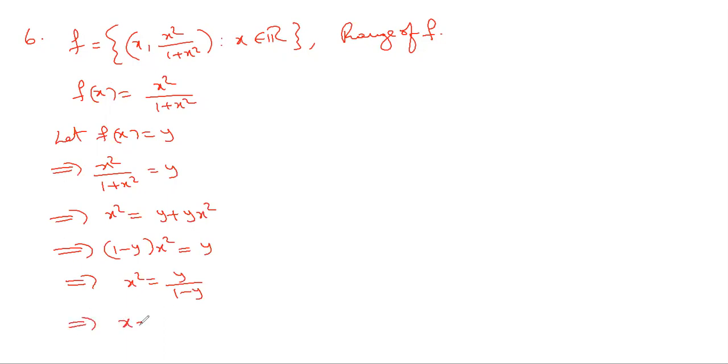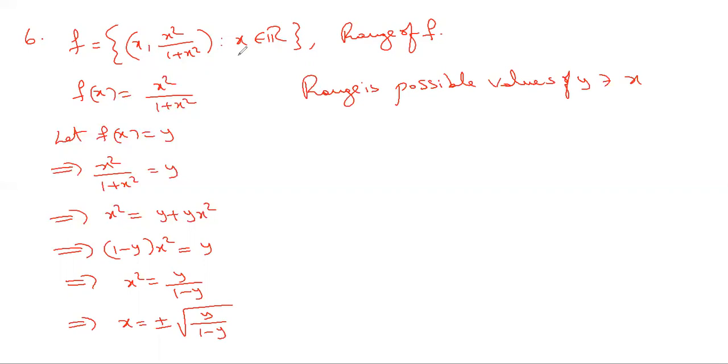That implies x is equal to plus minus, both you should take. When you are taking the square root, you should take both. And now, the range is possible values of y such that x is in the domain. Domain is real numbers here.